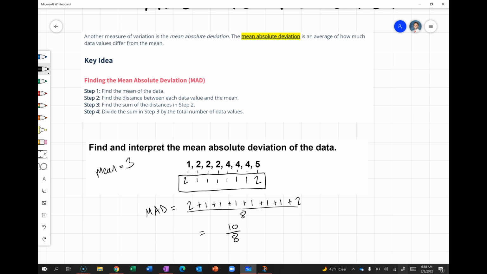And 10 divided by 8 is 1.25. So our mean absolute deviation is 1.25, which means all of our data values differ from the mean by an average of 1.25.